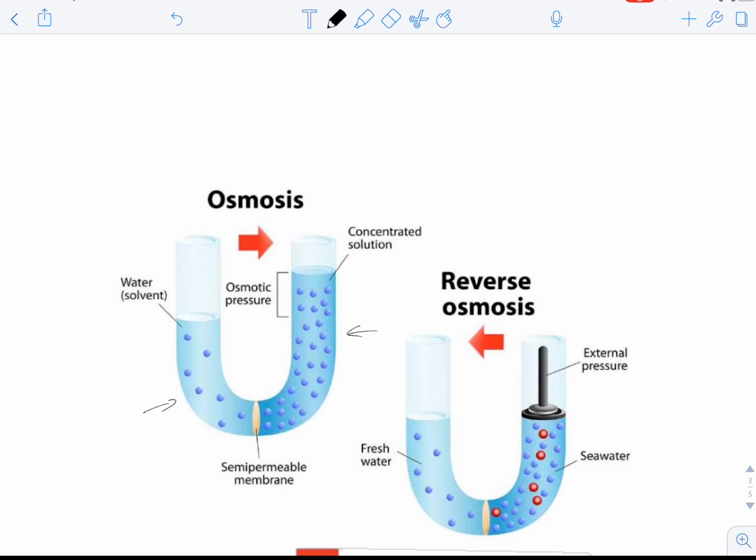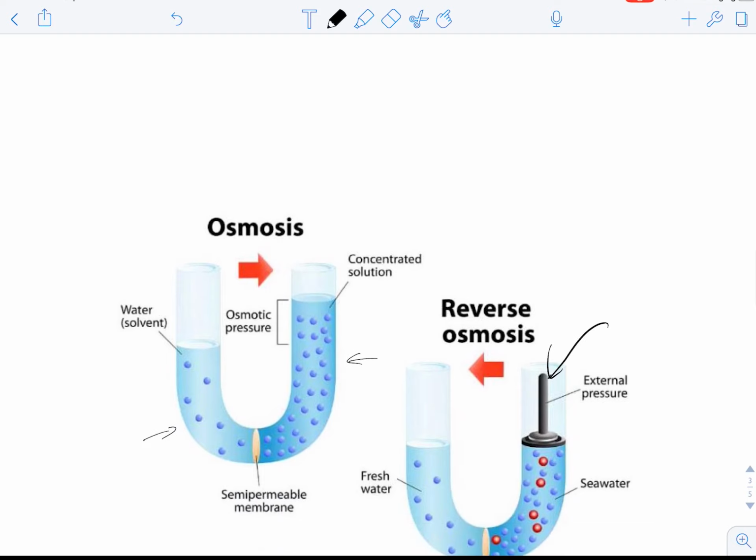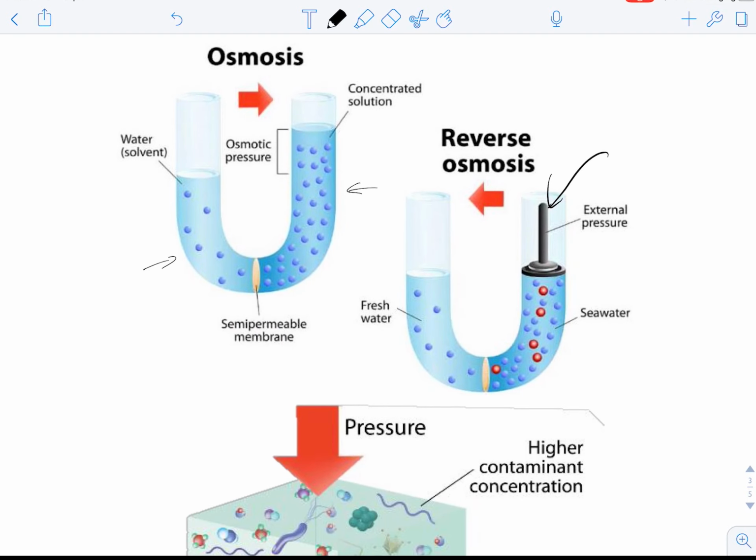If we want to reverse osmosis, we're going to apply an external pressure on the concentrated solution, and that will cause our solvent molecules to push back through, reverse from what we generally think of for osmosis.